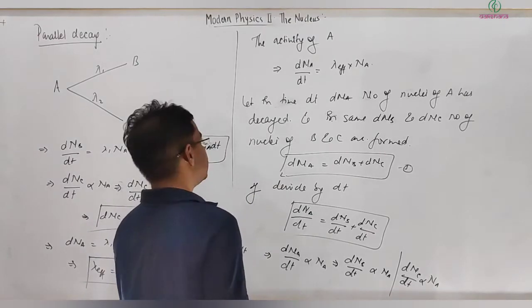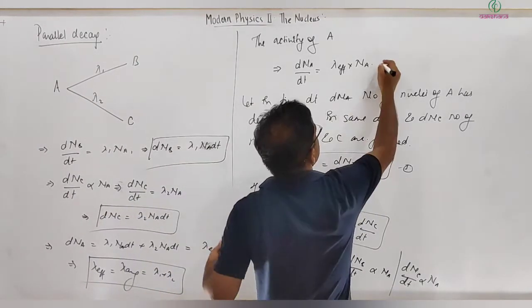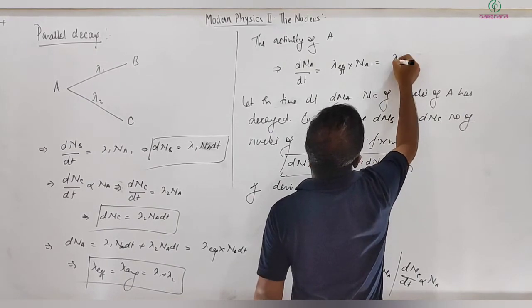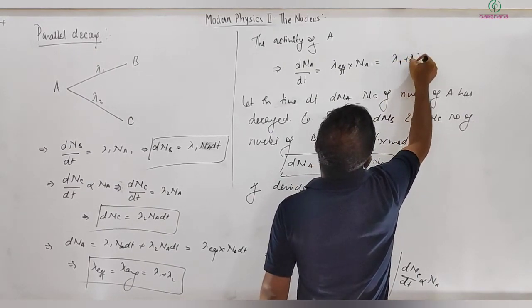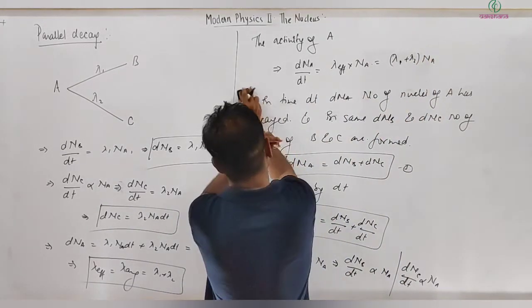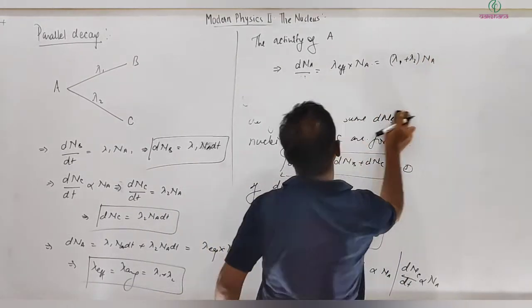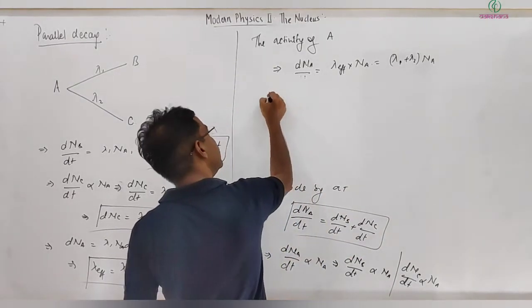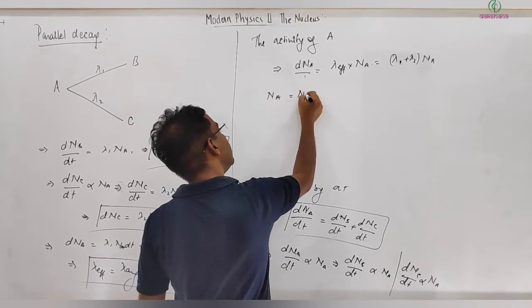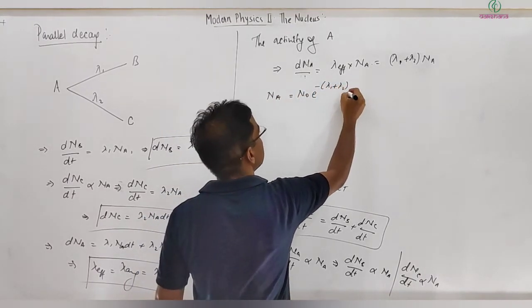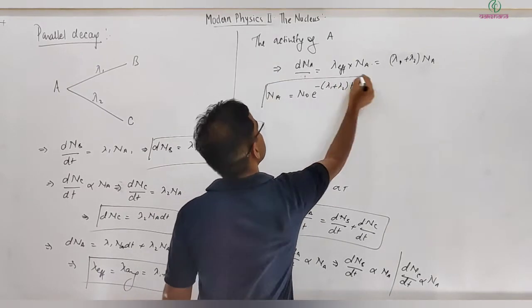Now I have this lambda effective, then I can write this is equal to lambda 1 plus lambda 2 into Na. Now if I simplify this, then I can directly write here that Na is equal to N naught e raised to power minus lambda effective, lambda 1 plus lambda 2, into t.